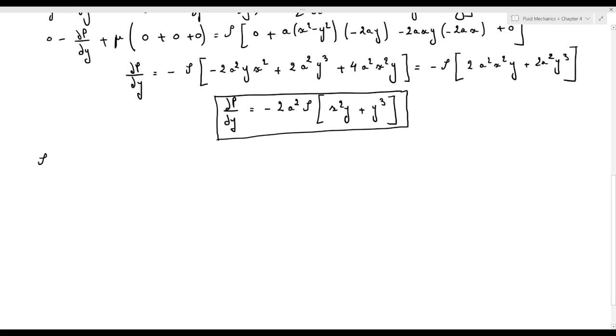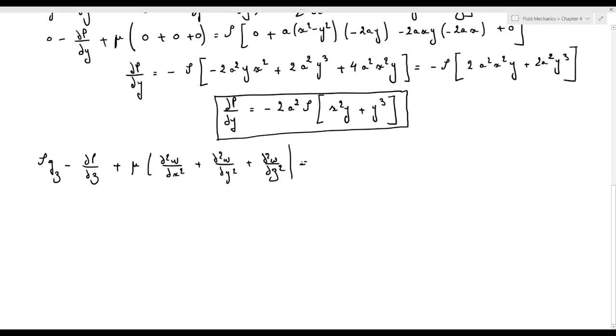Now the last momentum equation, in the z direction, we'll have rho gz minus del p over del z plus mu the second derivative of w with respect to x plus the second derivative of w with respect to y plus the second derivative of w with respect to z.